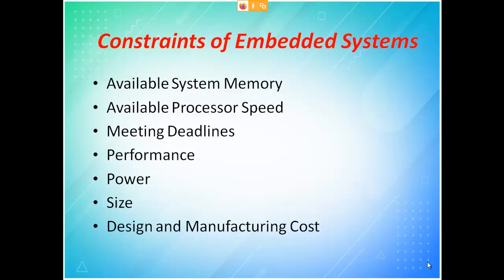And this power is another factor. If I am using a satellite, there I will use a microcontroller that gets its power from solar. So I cannot expect more power there, so my processor should also work at low power. In order to reduce power consumption, I will reduce the voltage.